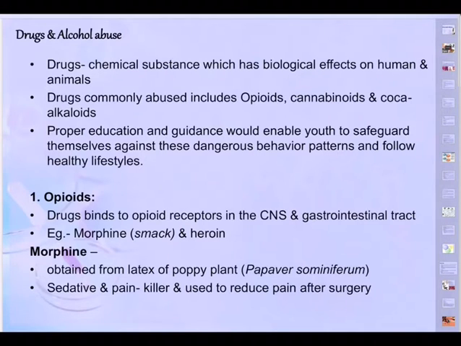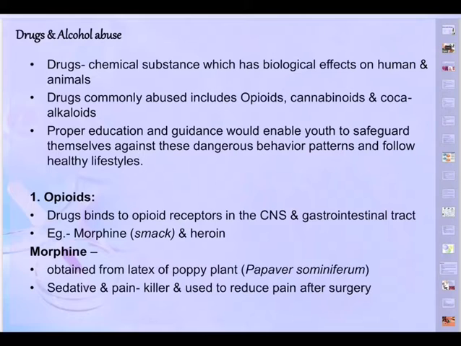At low doses, under the guidance of a medical practitioner, if it is used, it is a painkiller, an analgesic. But when it is abused as an addiction, then it will have a lot of problems.